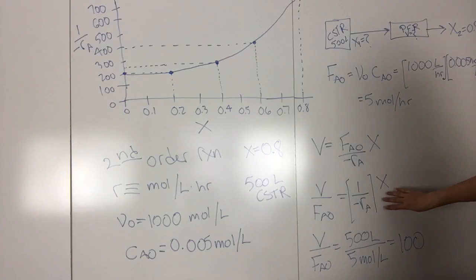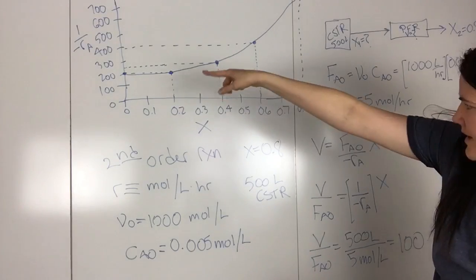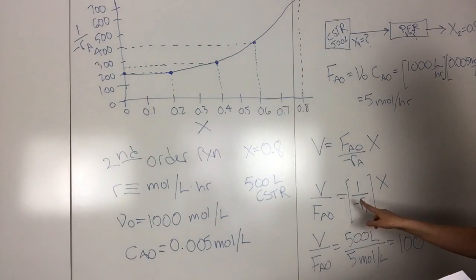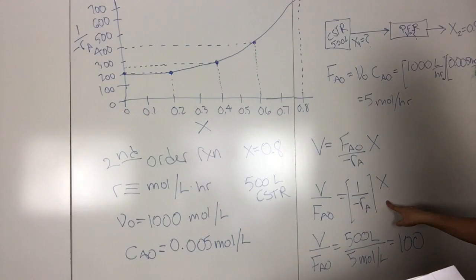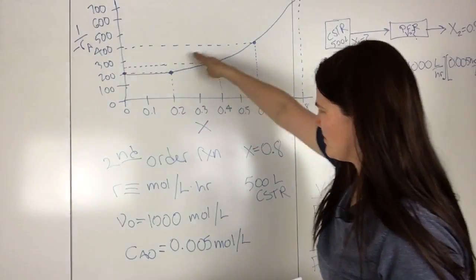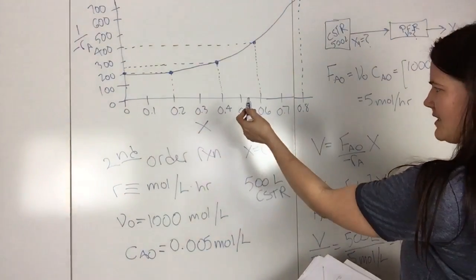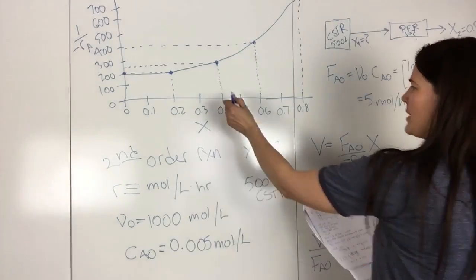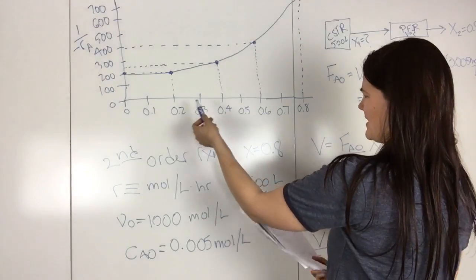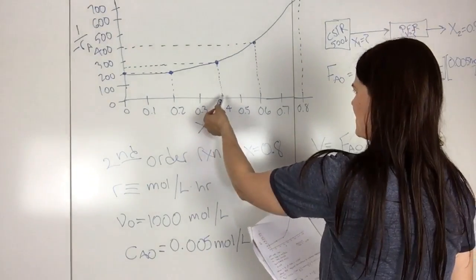So if you look at this, we have 1 over the rate multiplied by the conversion, and this is just an area. So the area for the CSTR has to equal 100. What we do is look at this graph and figure out where on the line it equals 100. For instance, if we multiply 0.2 by 200, that doesn't equal 100, so we know it has to be further up.